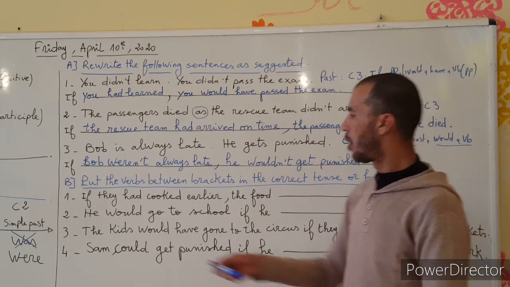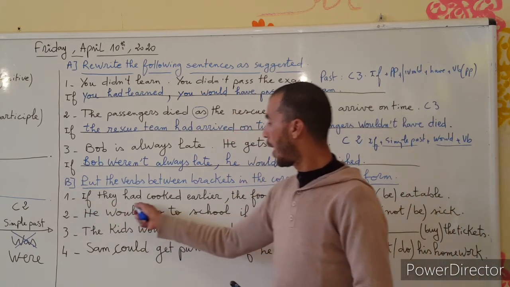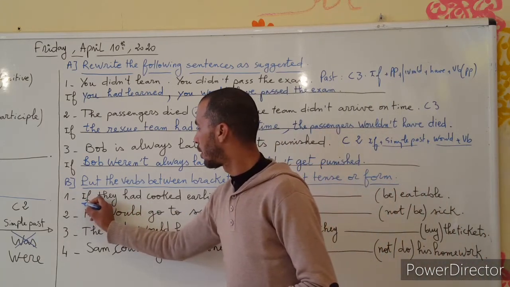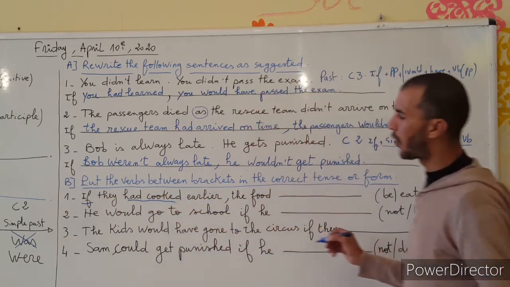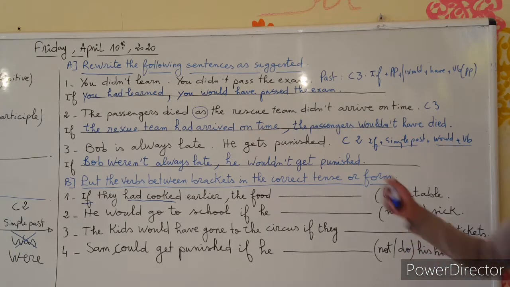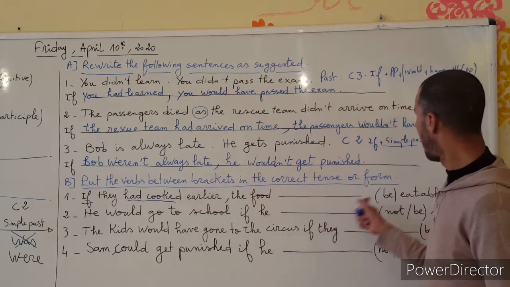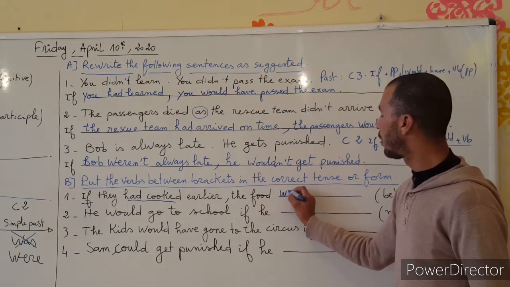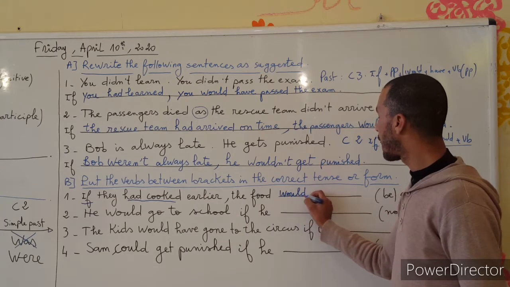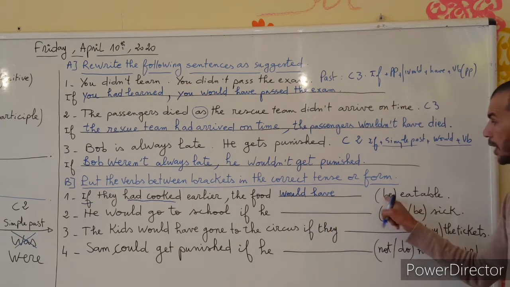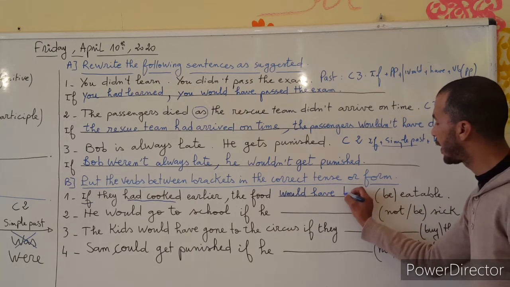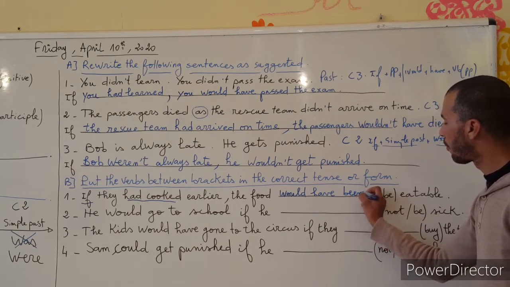What do we have here? We have if had cooked. So this is past perfect. So when do we have past perfect? In conditional 3. So we have if plus past perfect plus would plus have plus the verb in the past participle. For be, past participle is been.